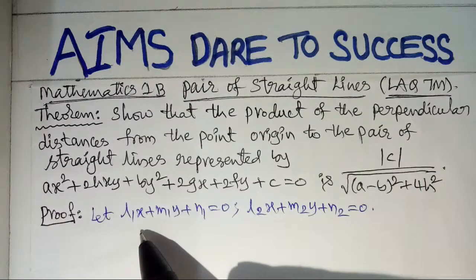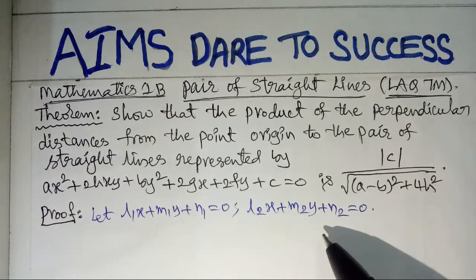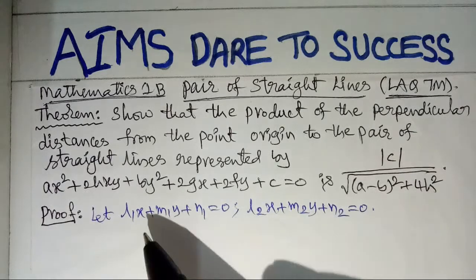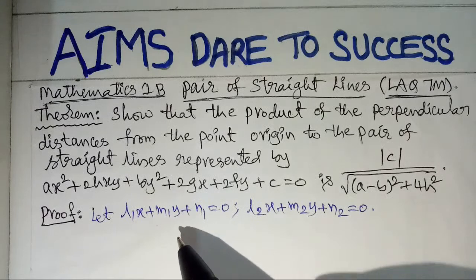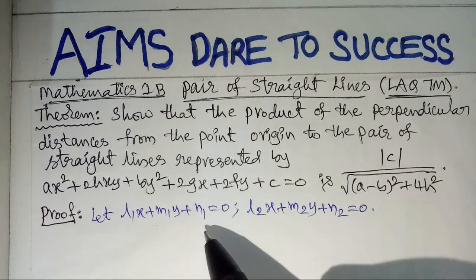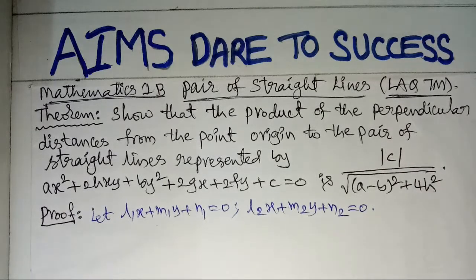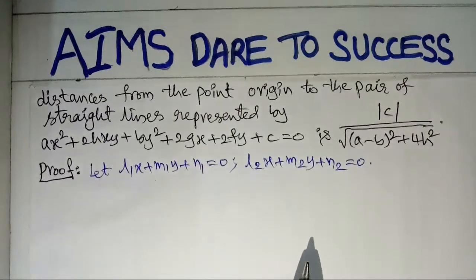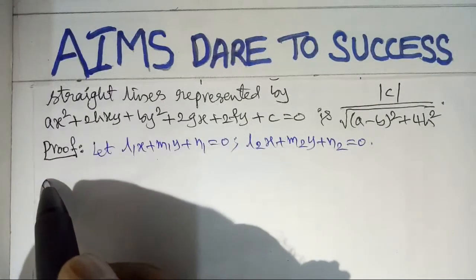If you have only ax² + 2hxy + by² = 0, you can take L1x + m1y = 0 and L2x + m2y = 0. If you have this big equation, you consider the lines with n1 and n2. So now we can multiply like this.